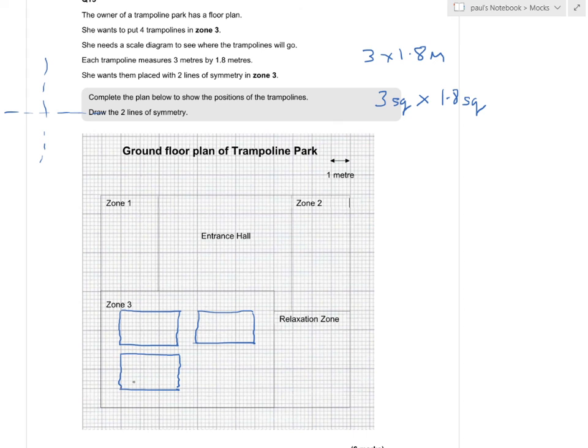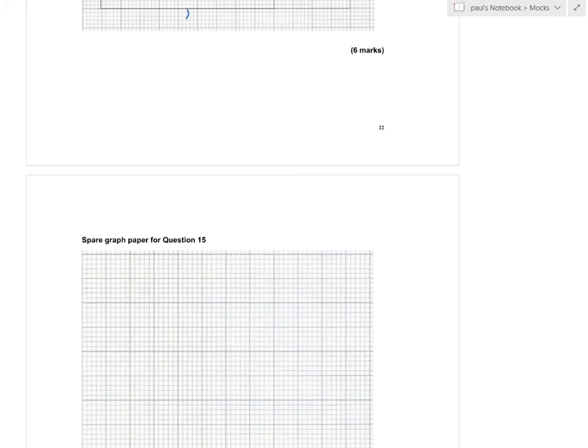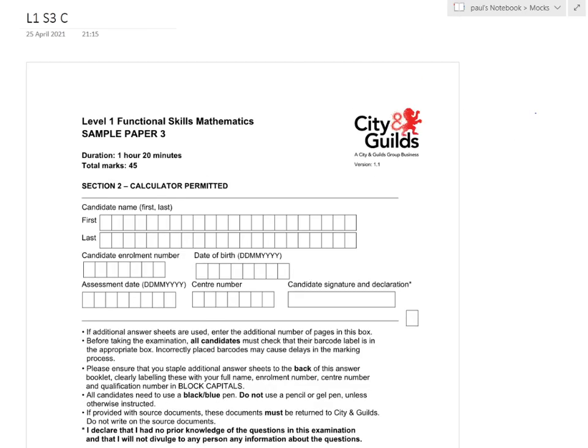Could be anywhere in here really, as long as they're all symmetrical. So we've got a line of symmetry going down here, and a line of symmetry going across there. There you go, there's the 4 trampolines and a spare graph paper. So that means we've come to the end of that little jolly one.